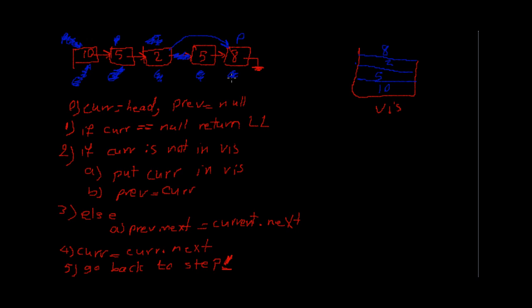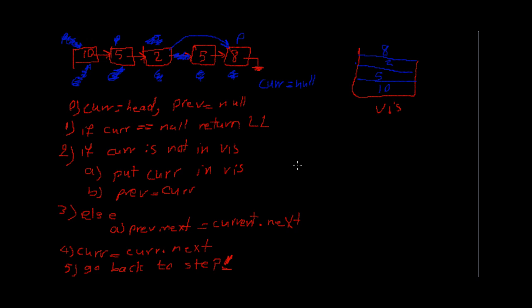So current now is gonna look at this null. So current now is equal to null, because we have hit this part, and then it says go back to step 1. Step 1 is saying that if the current is equal to null. In this case, the current is equal to null, so you're gonna return the linked list that you have made so far.